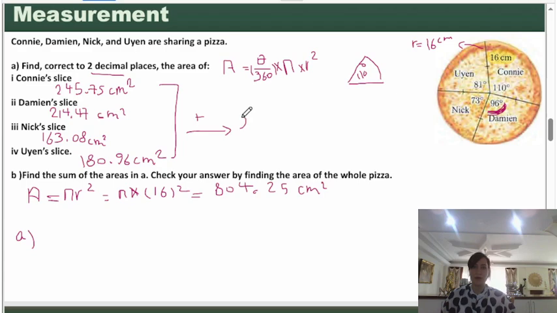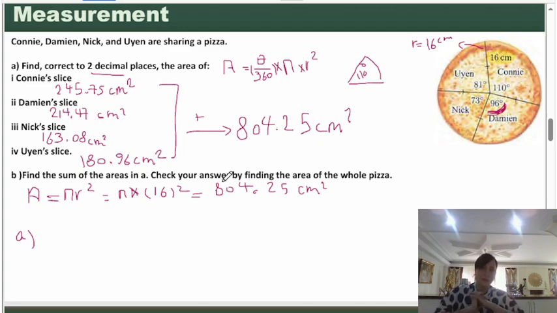If I add them up, I will get 804.25 centimeters squared. We will see I will get the same amount, and I can say we are done here.